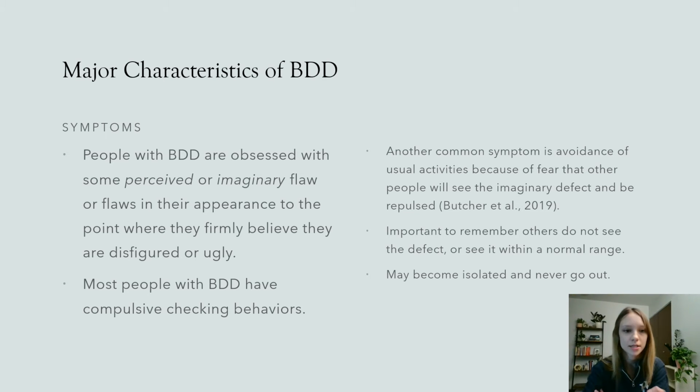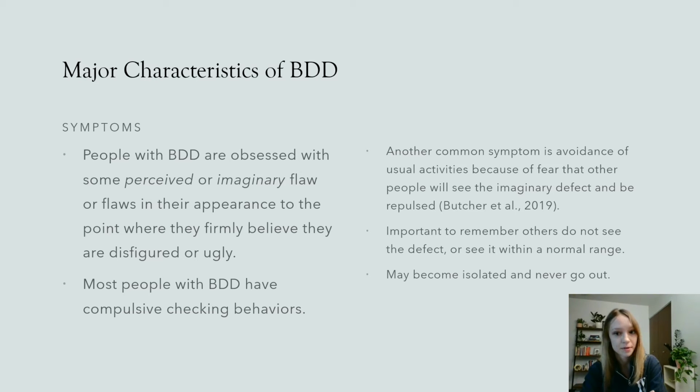So what are some major characteristics and symptoms of BDD? People with BDD are obsessed with some perceived or imaginary flaw or flaws in their appearance to the point where they firmly believe they are disfigured or ugly. Most people with BDD have these compulsive checking behaviors, like I mentioned in the last slide.